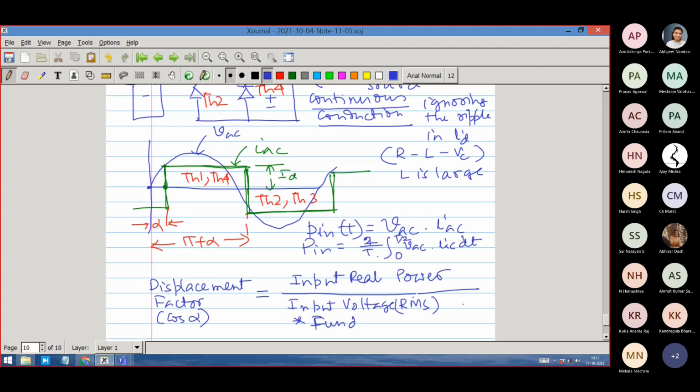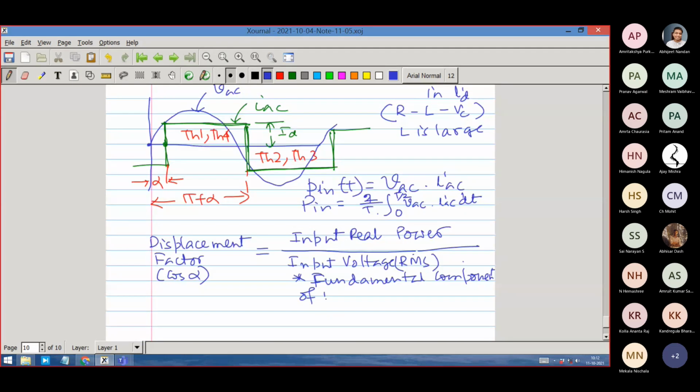Here you have to notice the fundamental component of input current.